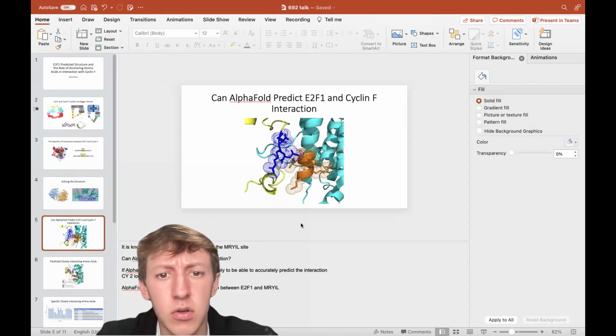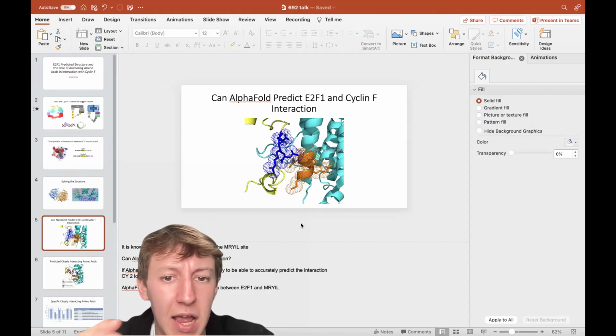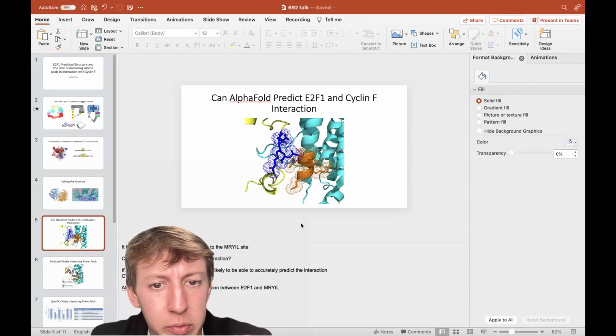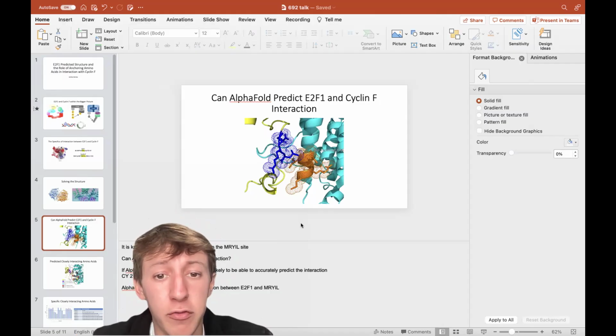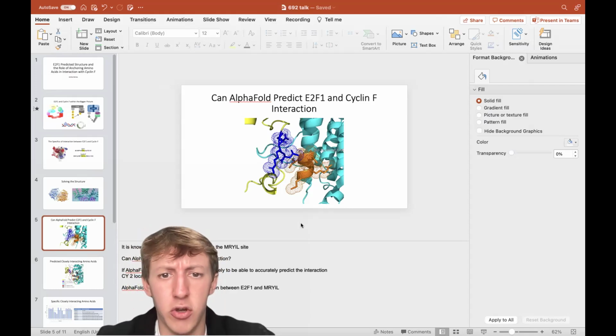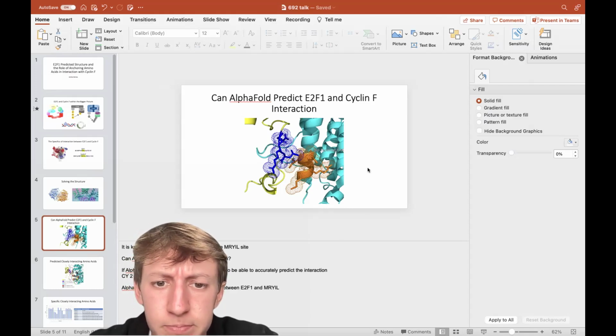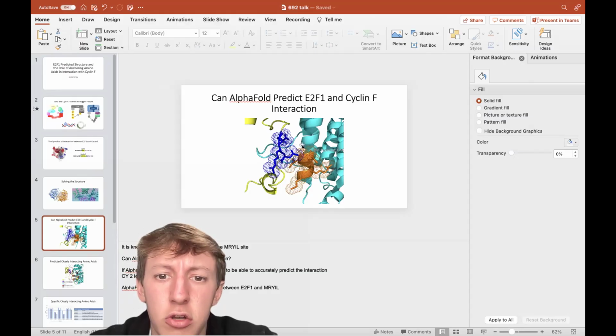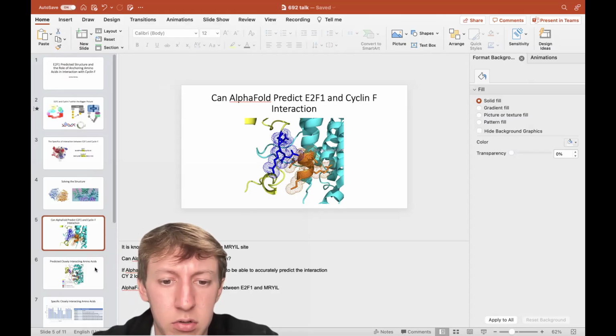So I was thinking that if the Cy motif 2 localizes to the MREL in the predicted AlphaFold structure, and the IPTM score, the confidence score, is very high, then AlphaFold is likely able to predict this interaction very well. As you can see in this structure on the slide, the Cy motif in blue is shown directly interacting with the MREL site in orange. And so it was concluded that AlphaFold can accurately predict this interaction between E2F1 and the MREL.